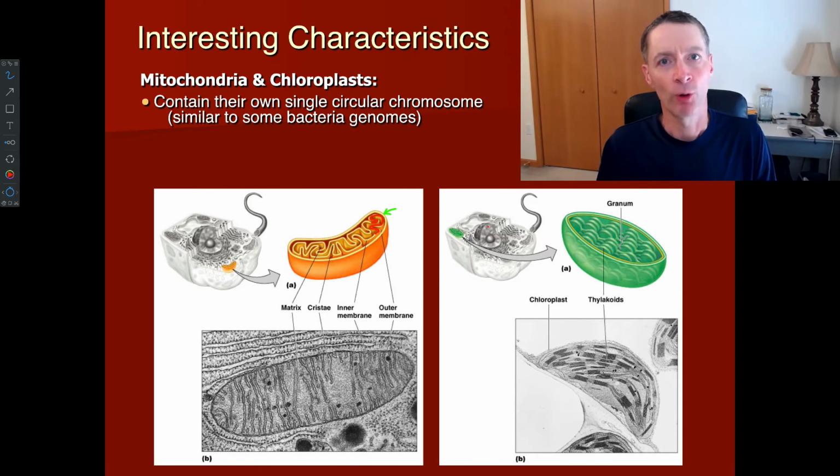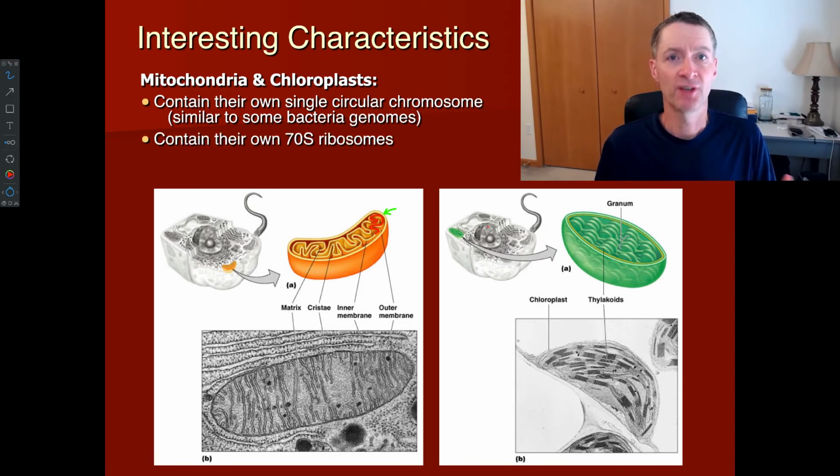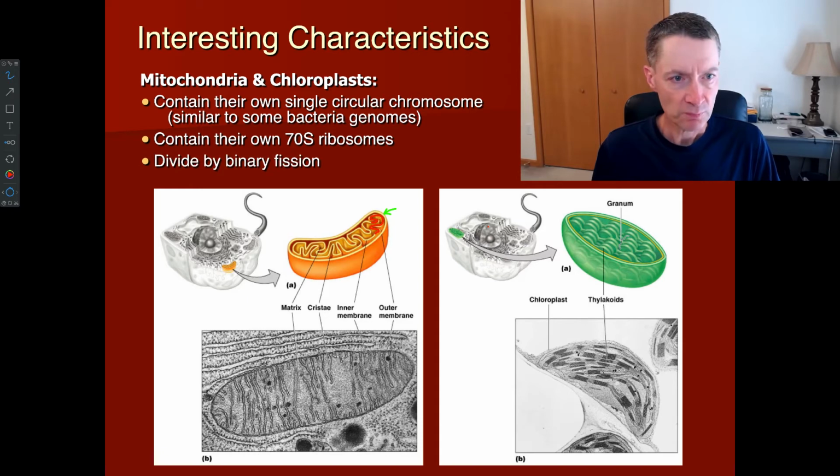But they have their own DNA, basically. Okay, they have their own genomes, and they have 70S ribosomes inside of these organelles. Okay? They have actual protein factories that are the same size as we see in prokaryotes inside of these subcellular compartments. And we find that these subcellular compartments can replicate themselves within the cell.